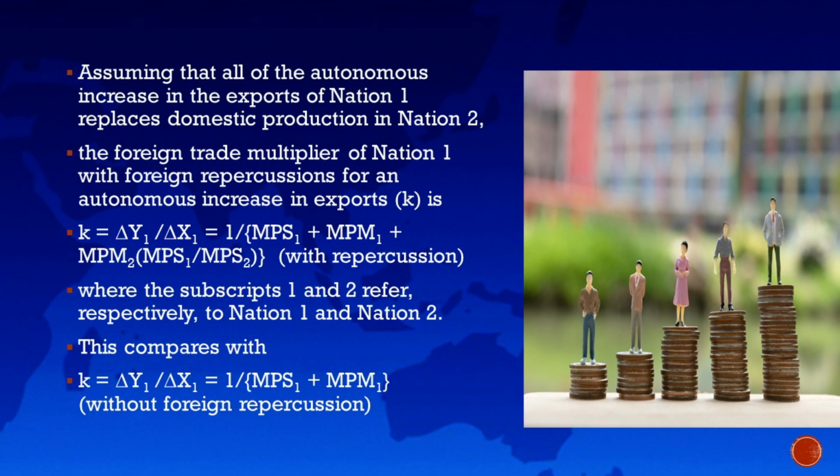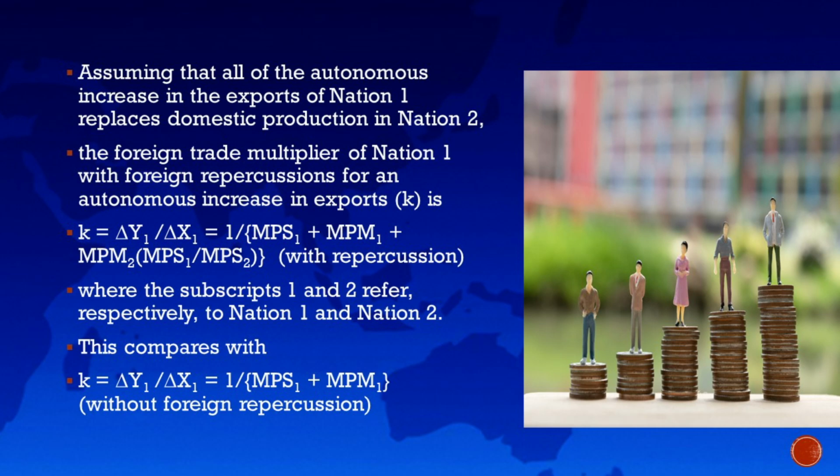This is the case with foreign trade repercussion, where the subscripts 1 and 2 refer respectively to nation 1 and nation 2. This compares with the simplified version without foreign repercussion, where we have only 1 by MPS plus MPM, both of nation 1. But since what happens in nation 2 actually matters, we bring in MPM2 and MPS2, and make them interact with MPS1.